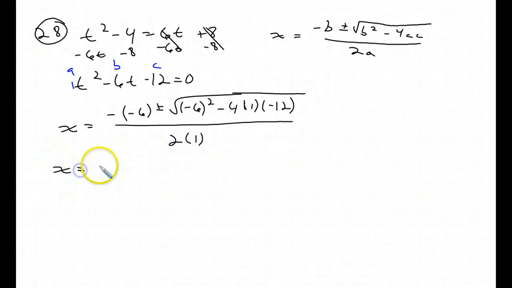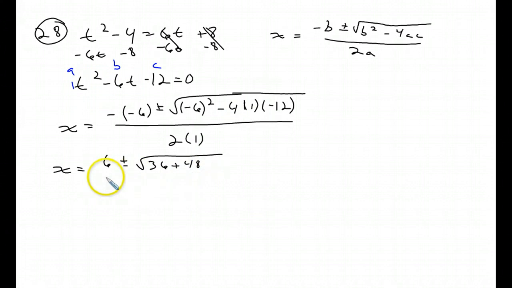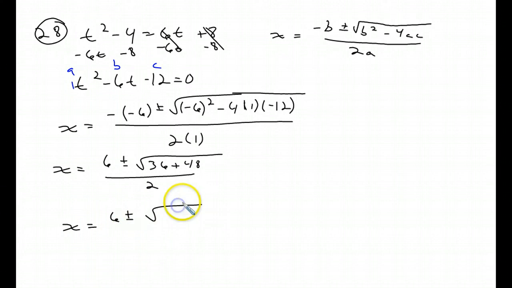Minus a negative 6 will make it 6 plus or minus the square root of negative 6 squared, which is 36. Negative 4 times 1 is negative 4. Negative 4 times negative 12 is plus 48. All of that divided by 2. So we have x equals 6 plus or minus the square root of 84 divided by 2. Don't know the square root of 84, so that's as far as we're going to go for now.